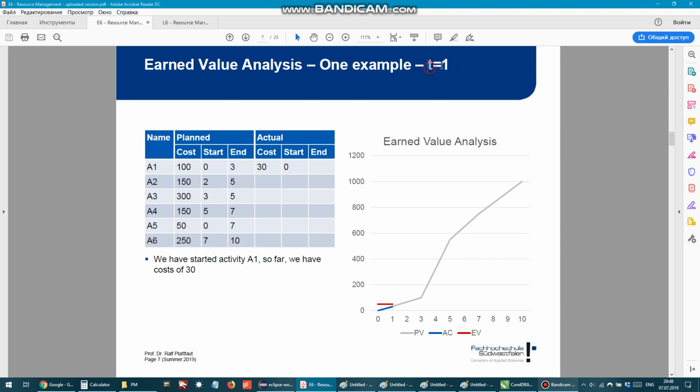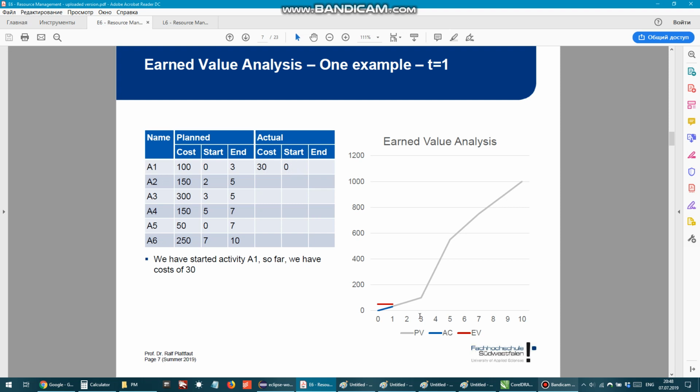Since we started, T is 1. We are at day 1. Because we already started with A1, how do we know we started? We know from here, actual start. If we see any number, even 0, in the start column, it means we already started that task. It doesn't matter how much cost it actually came up with, but importantly, did we start or not?